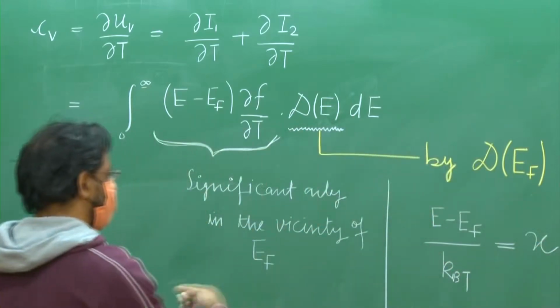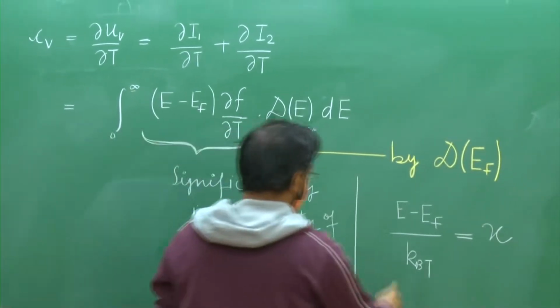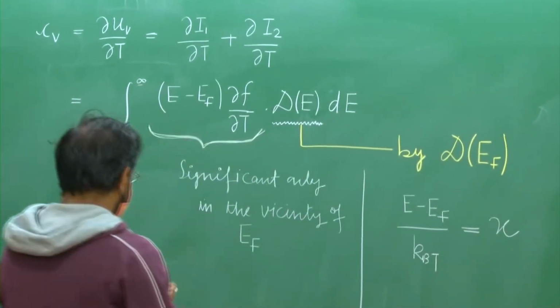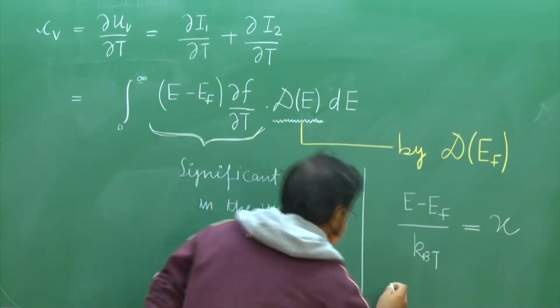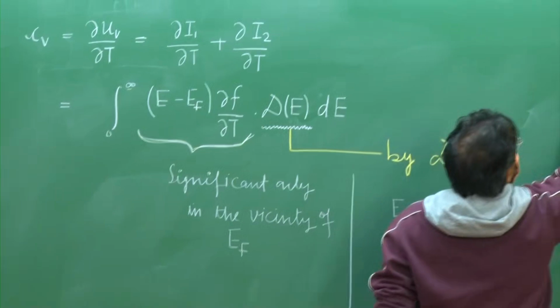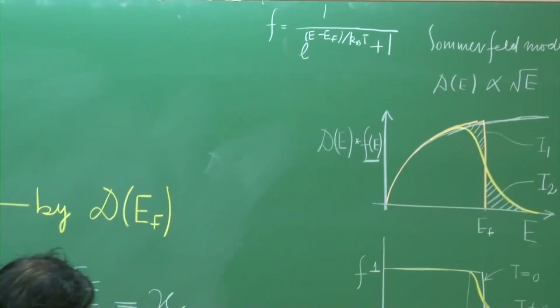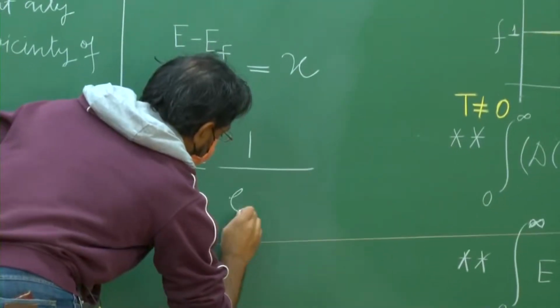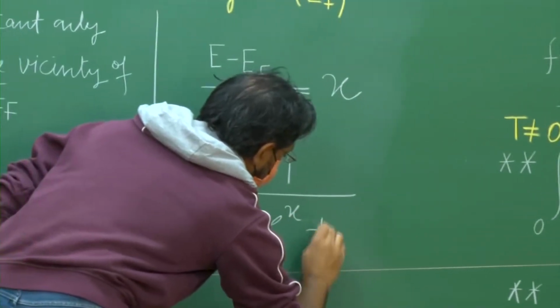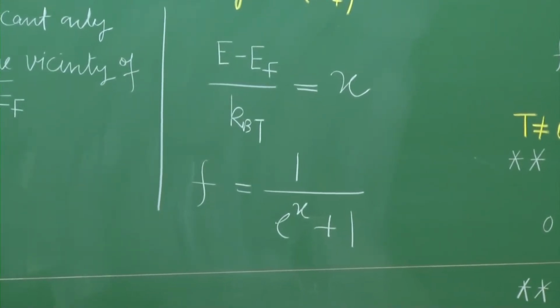We are going to change the variable of integration from E to x now. Then f, which is written over here, will become 1 over e to the power x plus 1, is not it so? Because you have taken that quantity to be x.